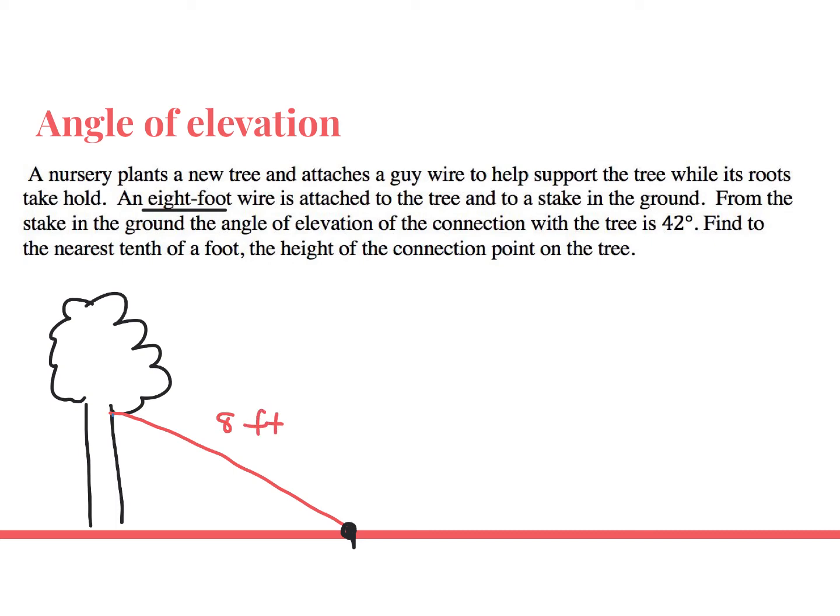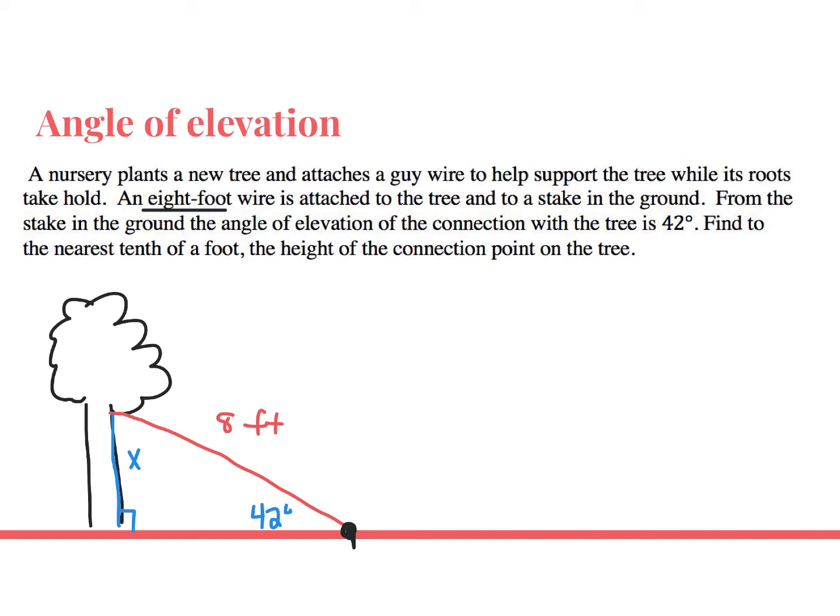It says that the guide wire makes an angle of elevation with the tree at 42 degrees. Find to the nearest tenth of a foot the height where that guide wire is attached to the tree.